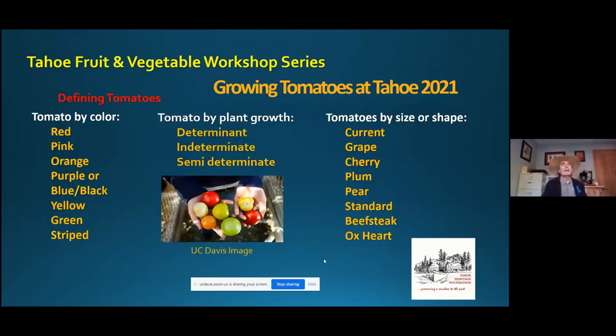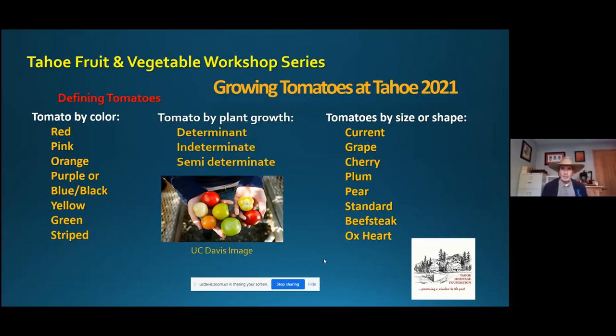You can define tomatoes by either color, or by the growth habit, or by the size. So the colors range from pink to green. The plant types are either determinate, which are bush type, indeterminate, which are more your heirloom, or those that are in between, the semi-determinate.